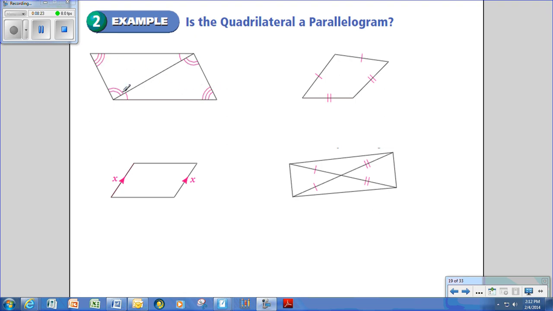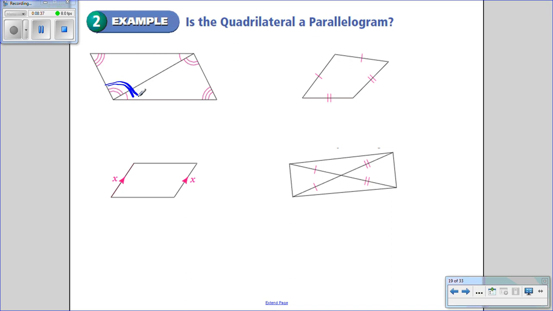Over here we have alternate interior angles on both parts. Now, if both of these are congruent and both of those are congruent, then I could say that that whole angle is congruent to this whole angle. So this one's a yes.